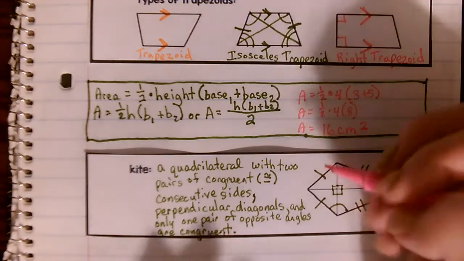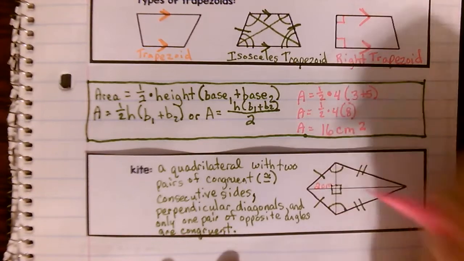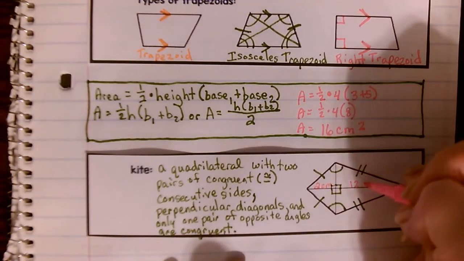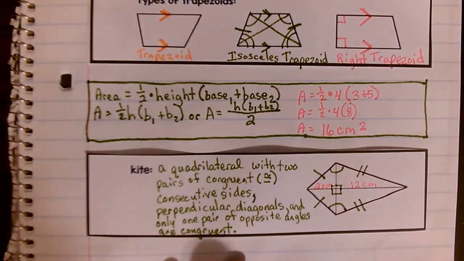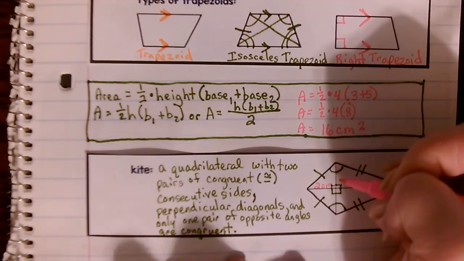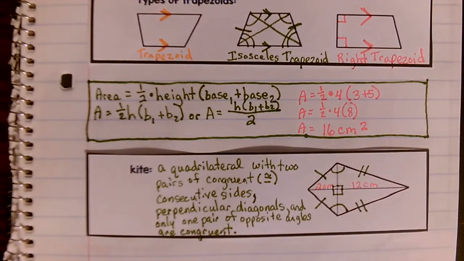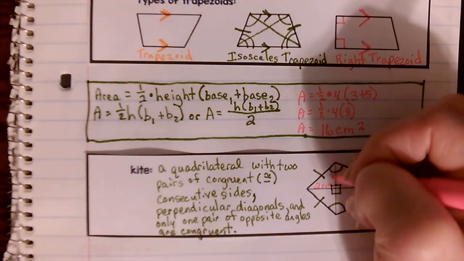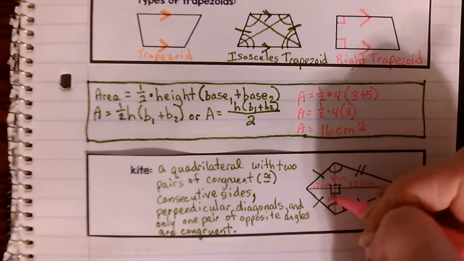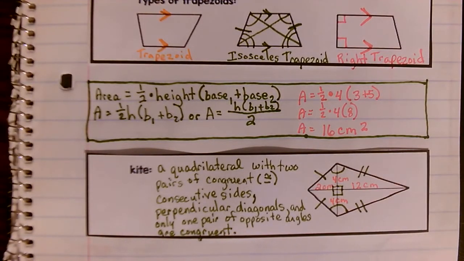So if this one was 2 centimeters, this distance right here, and this distance from here to here is 12 centimeters. All right? Keep that in mind. And then from here to here is 4 centimeters. And from here to here is 4 centimeters. Okay? Now that builds up to some more details.